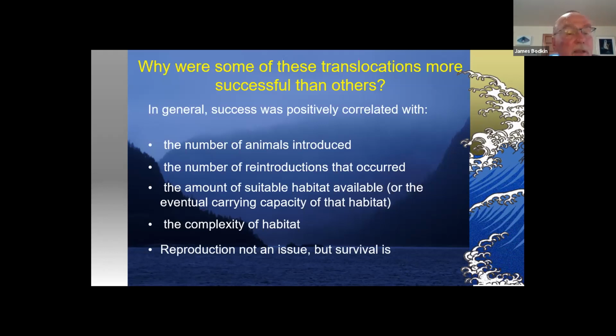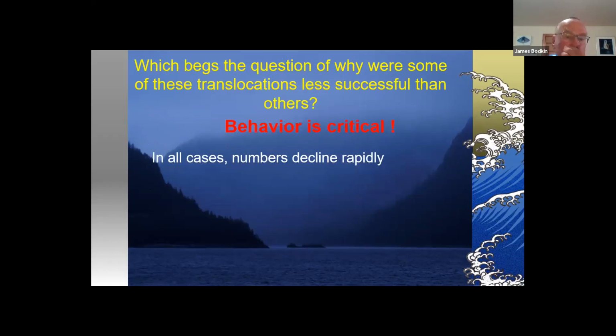There was a great deal of reproduction, but there was no population growth. So essentially, it's the survival, either in terms of the mortality of those pups or their departure or emigration from the island. And so this begs the question of why some of these translocations were less successful than others.